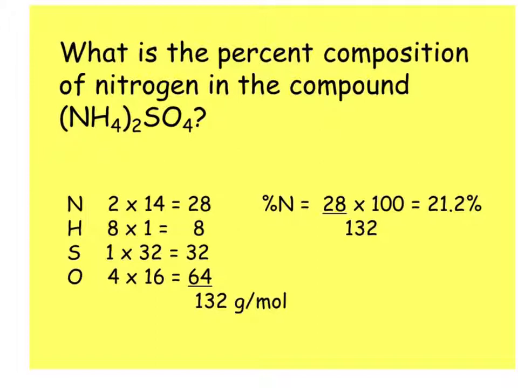Okay, just one more example just to make sure that everybody's on the same page. In this particular case, we're asking for the percent composition of nitrogen in this compound here. And the only tricky thing on this one is to remember that we need to make sure we count all the nitrogens in the compound when we do our molar mass and when we do our percent nitrogen.